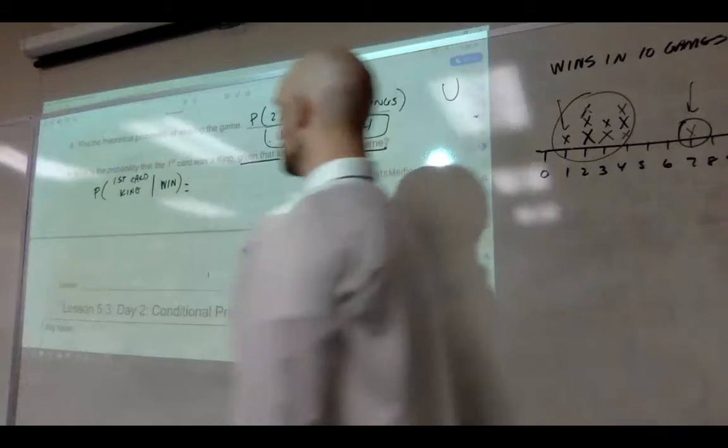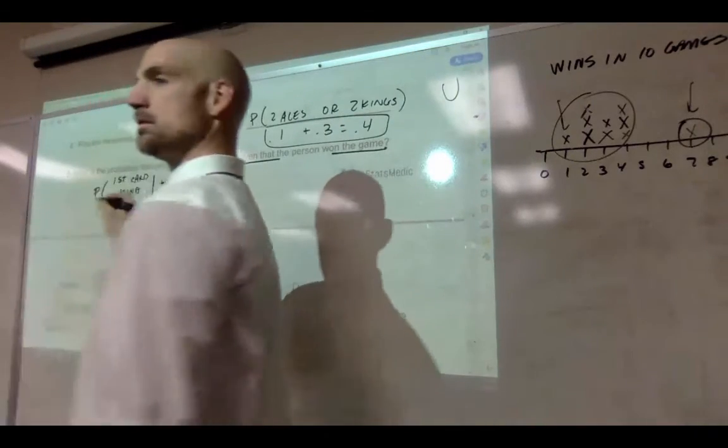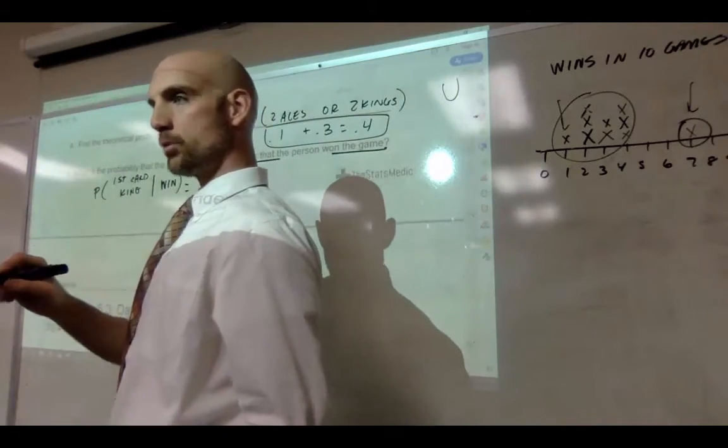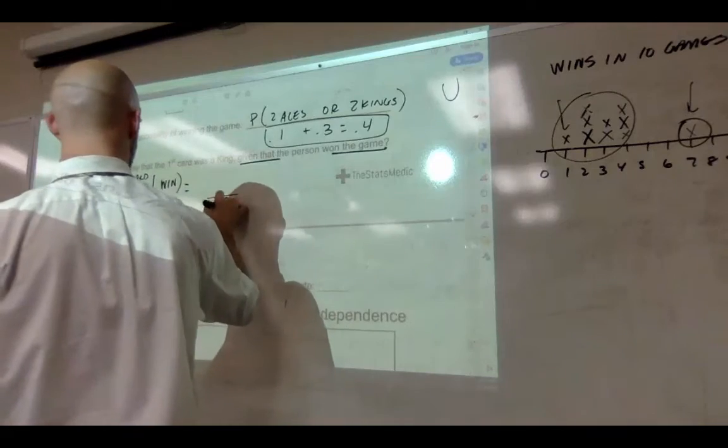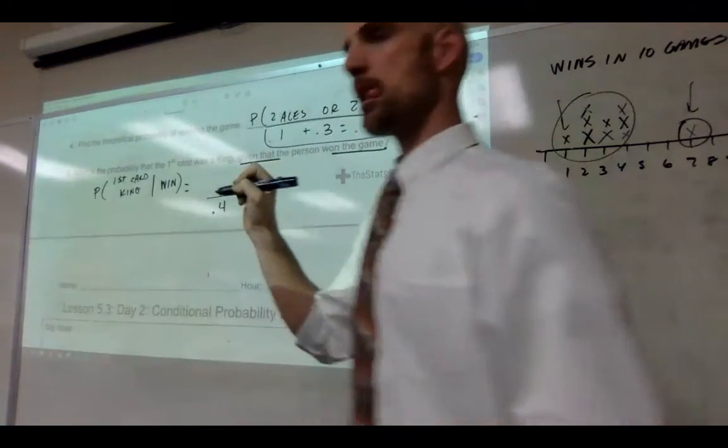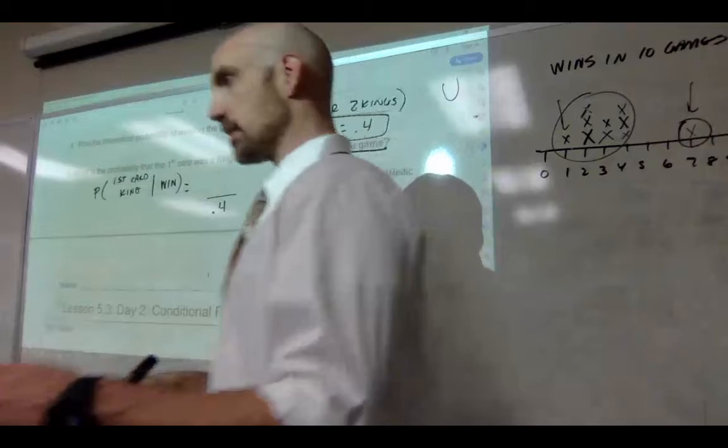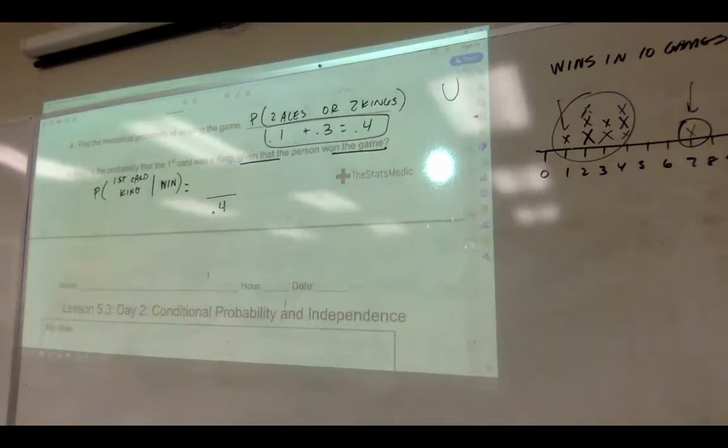So on the bottom goes 0.4? Yes. And then you had a 3/5, so like 0.6 over 0.4. But wait. I love this. Given that the person won, did they have to win by a king? What's the only way to win?